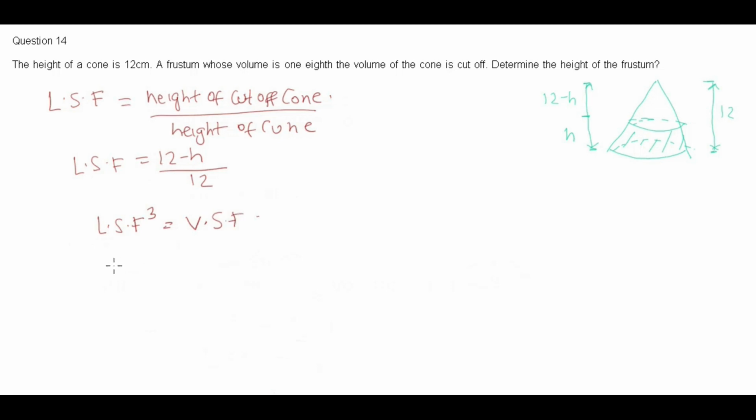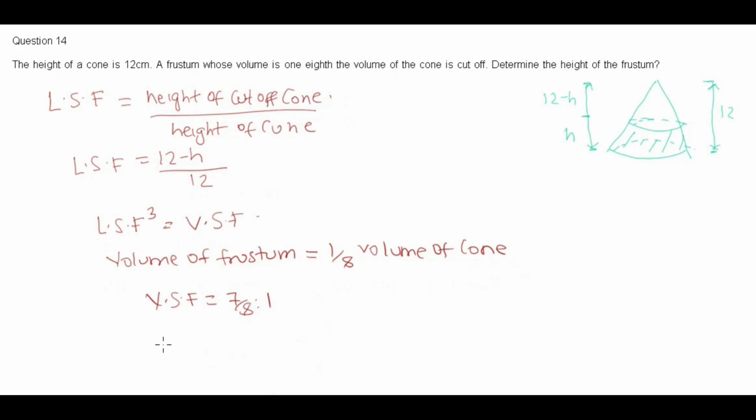that the volume of the frustum is equal to an eighth of the volume of the cone. So the volume scale factor of the cut off cone is 7/8:1.